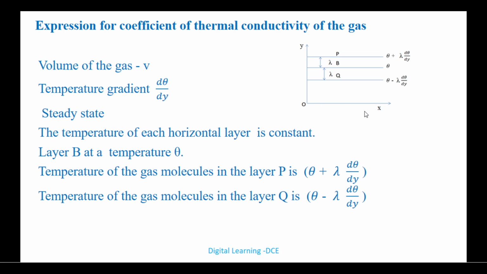OX represents the reference axis, and let the temperature of the gas molecules of the layer B be theta. In steady state, the temperature of the gas molecules along the horizontal direction is constant, that is, all the molecules of this layer are at the same temperature, equal to theta.